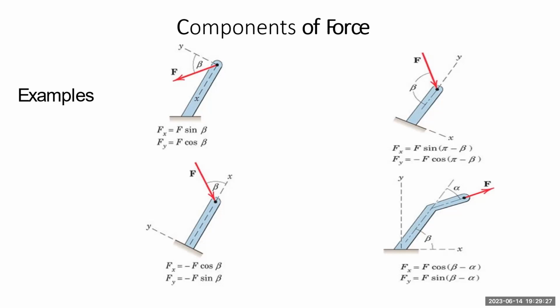So for the force, the x coordinate would be force times sine beta, right? I mean, if you look at it now, how do you know that for the x?